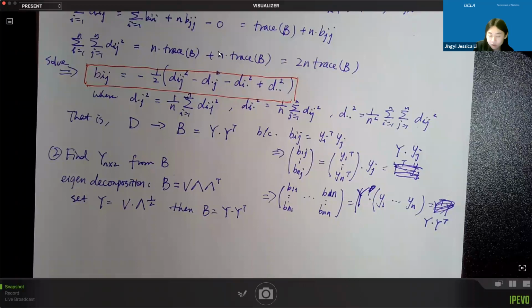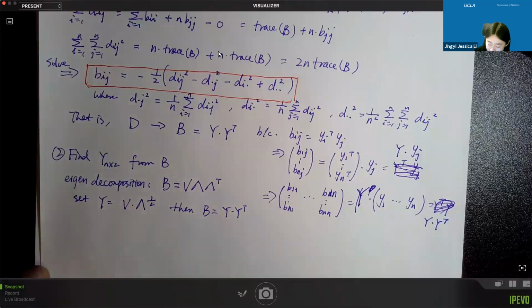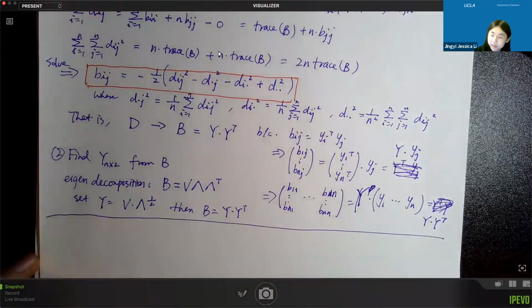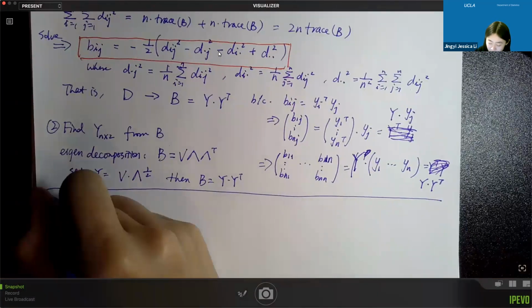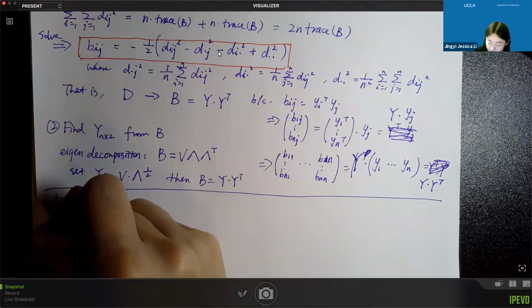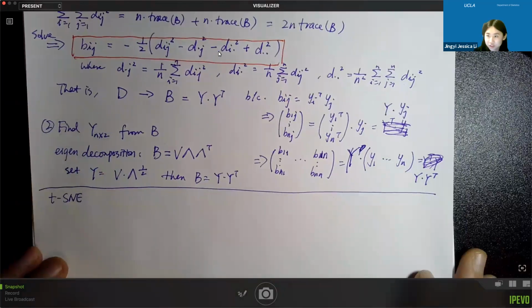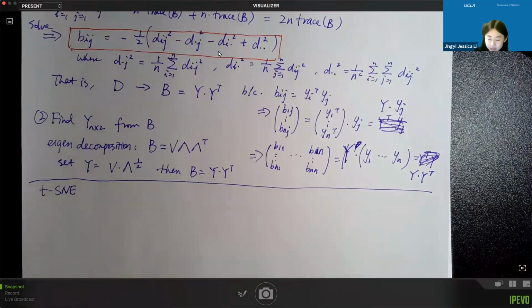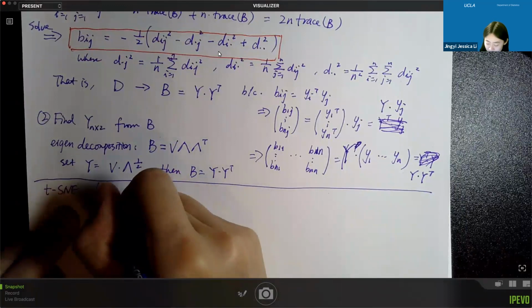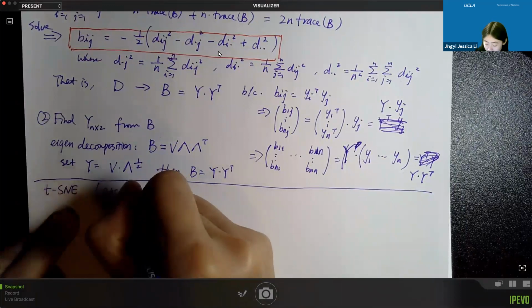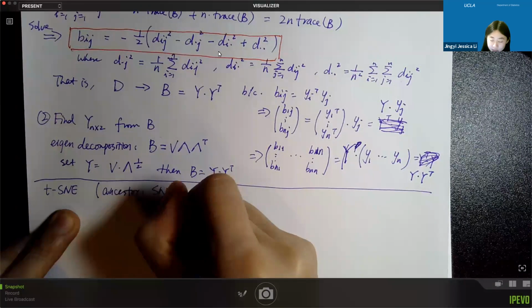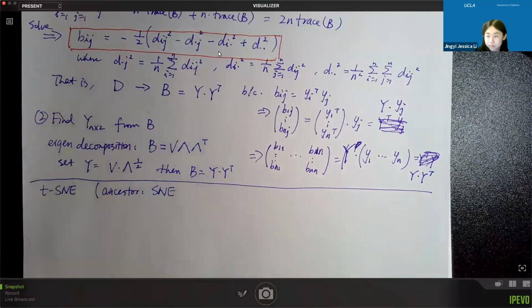Okay, so before we finish today, the next thing I'm going to introduce is a very popular method nowadays. It's called tSNE. That's for nonlinear visualization, and it is used a lot for single cell data. So before tSNE, we will introduce its ancestor, which is SNE. I think it stands for Stochastic Neighbor Embedding.